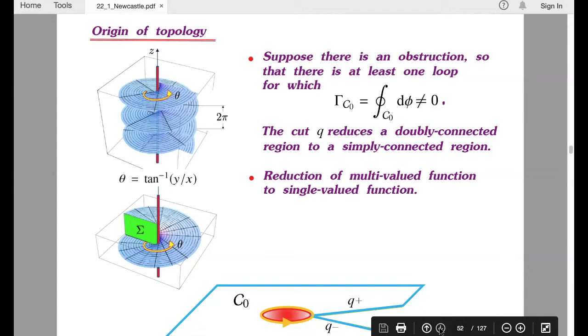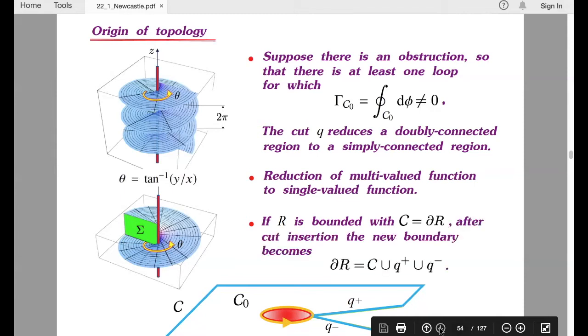Okay, now we apply this cut of Riemann in a more general sense to a surface, for example, and the cut that was visualized by a segment now becomes a surface in green with the letter sigma. And if the region we consider is bounded, so it is limited with a boundary C, then the remarkable thing that was kind of left out in Riemann's discussion is that the boundary gets modified.